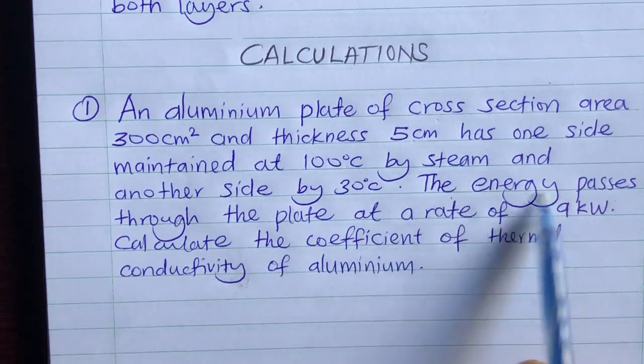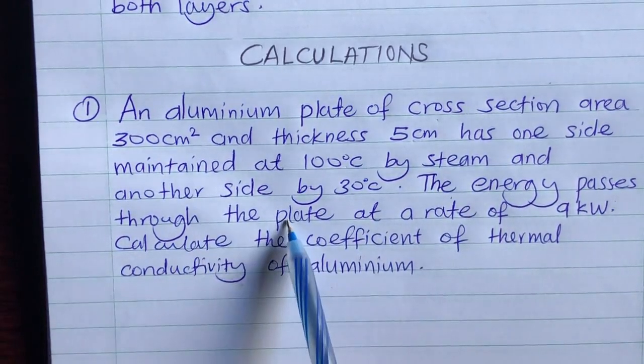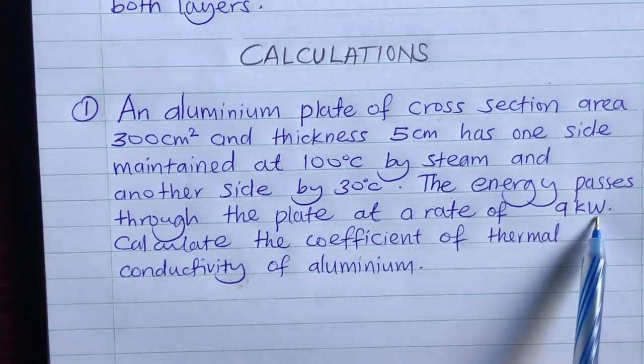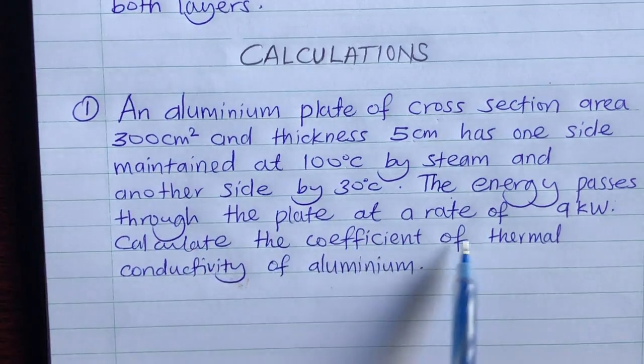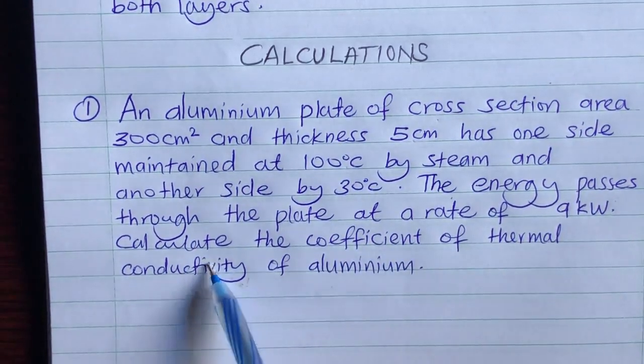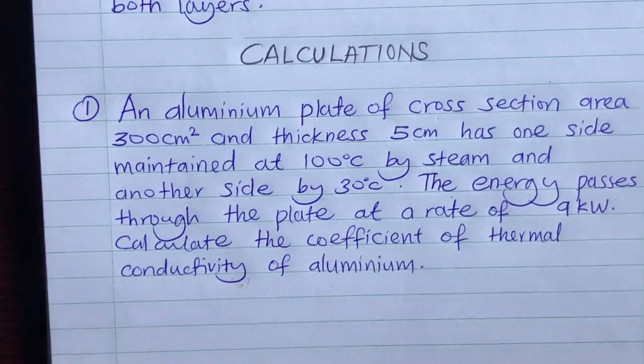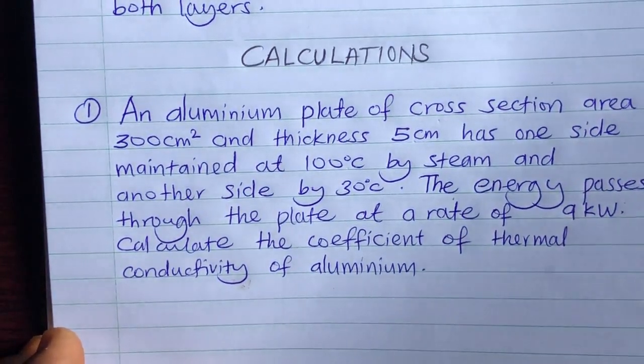The energy passes through the plate at a rate of 9 kilowatts. They want us to calculate the coefficient of thermoconductivity of aluminum. That is, they want us to get K.